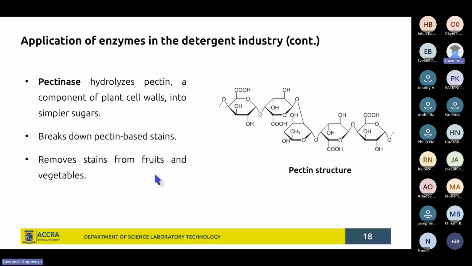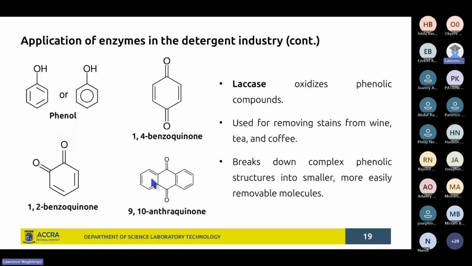Now, in plants, you also do have lots of phenols and phenolic compounds. So phenol and its derivatives, like the oxidation compounds from phenols.